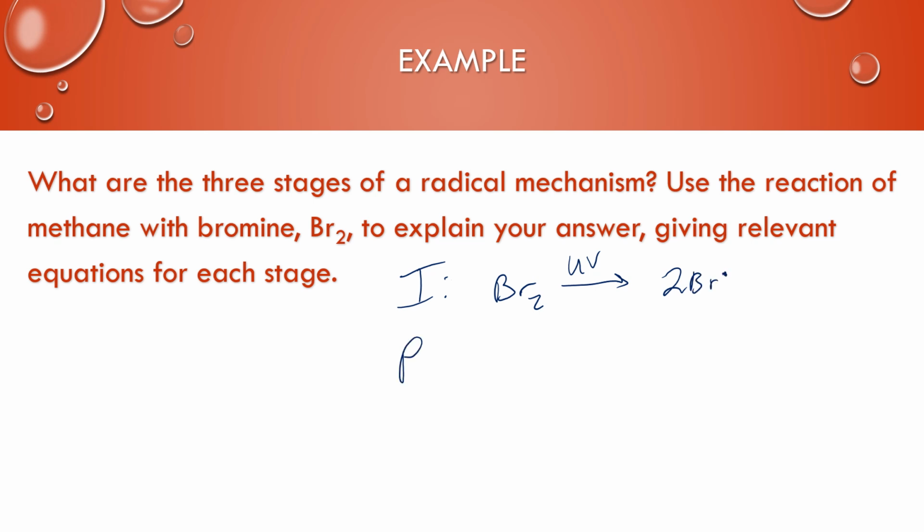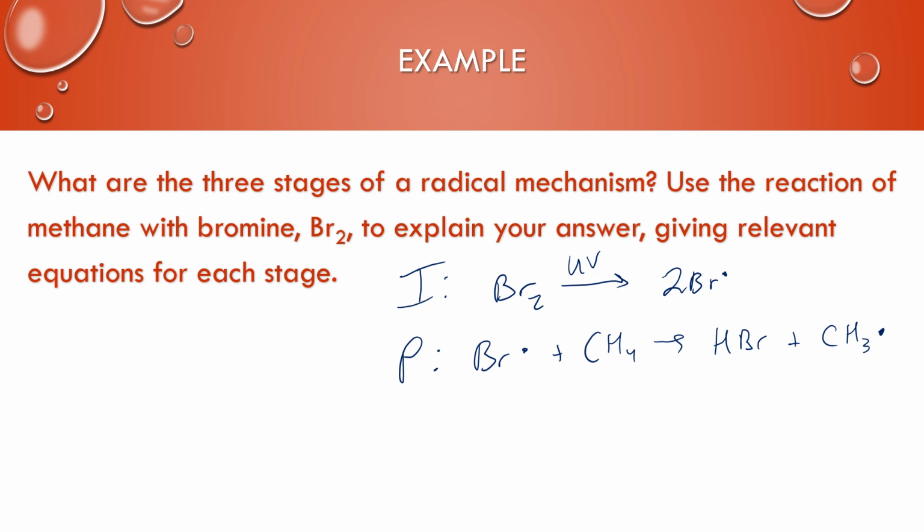Now for propagation, this is where one of those bromine radicals is going to react with methane, CH4. And in propagation, you're forming a new radical and a new non-radical. And so typically that involves the hydrogen moving to the halogen, and then you're left with some kind of carbon radical, an organic radical.